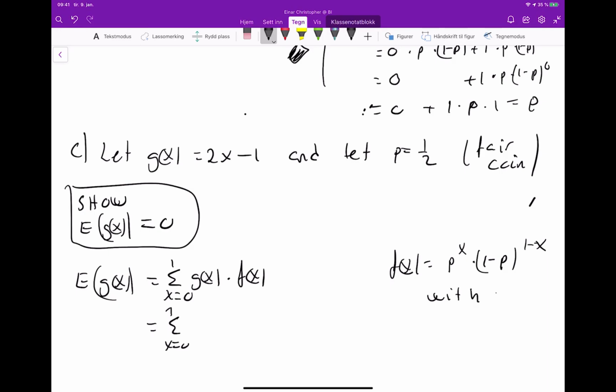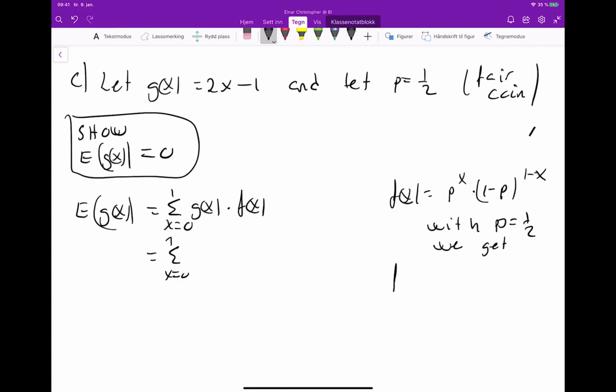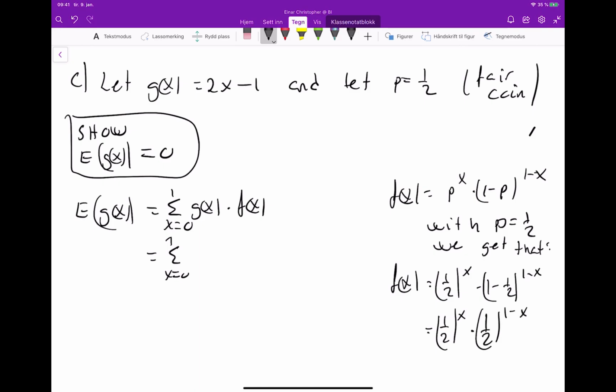with p equal 1/2, we get that f of x is equal, instead of p, we write 1/2 to the x times (1 minus 1/2) to the 1 minus x. And this is nothing else but 1/2 to the x times 1/2 to the 1 minus x.